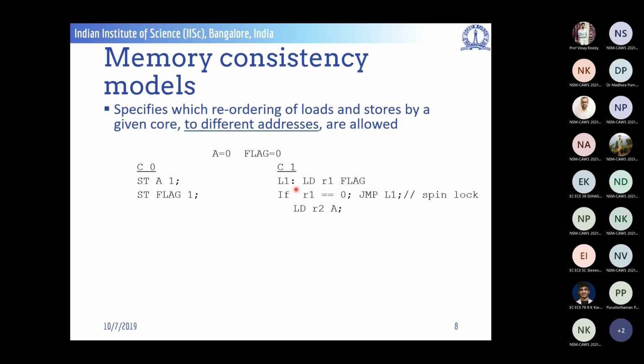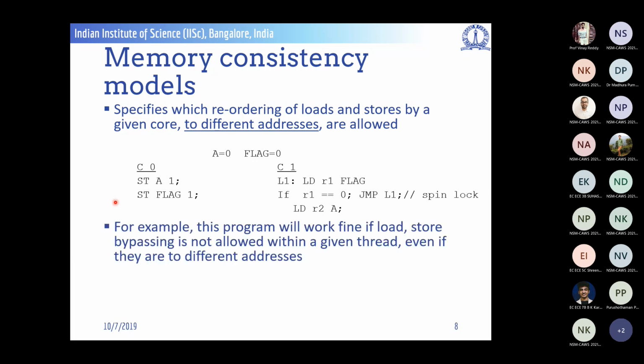That is the value that you want from the semantics of this application, if the memory consistency model guarantees that, even if there are updates to different addresses, you do not allow reordering of those updates when they become visible to all other cores or all other threads. Then this particular program will work fine.